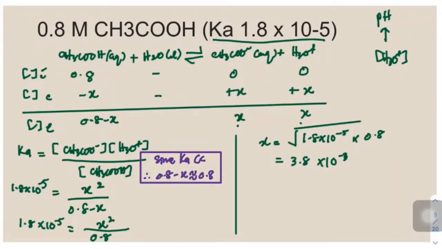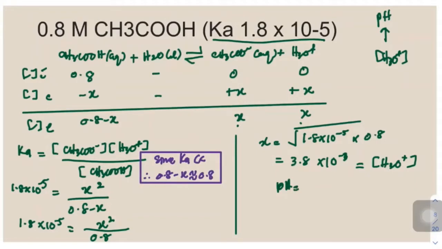So this value is actually equal to the concentration of the H3O plus, because X is the concentration of the H3O plus at equilibrium. It is also the concentration of the acetate ion, and we can also get the concentration of the acetic acid here. Okay, so now we already have the H3O plus concentration. We can calculate our pH.